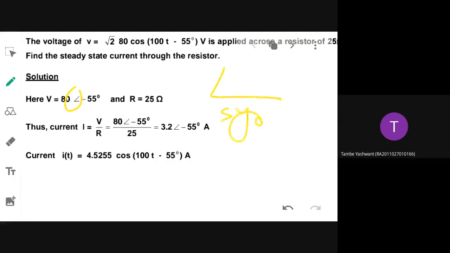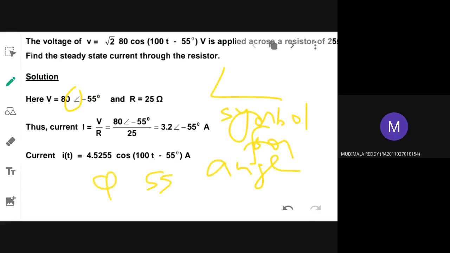That is the symbol for angle. 55 is the phase angle. Whatever may be the angle, they will denote it within that representation.